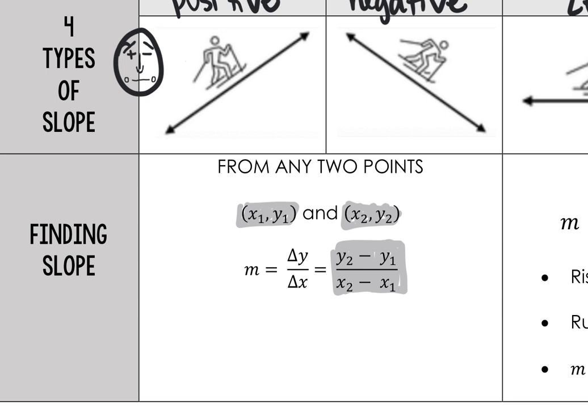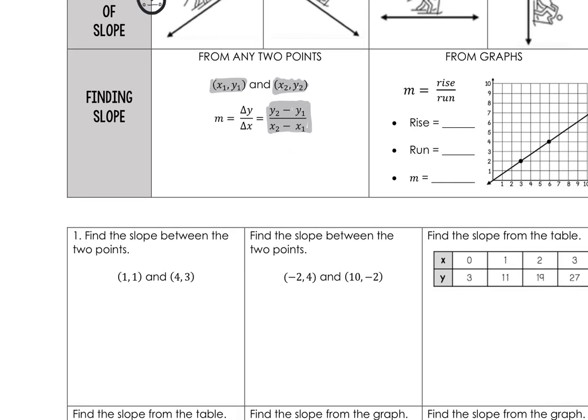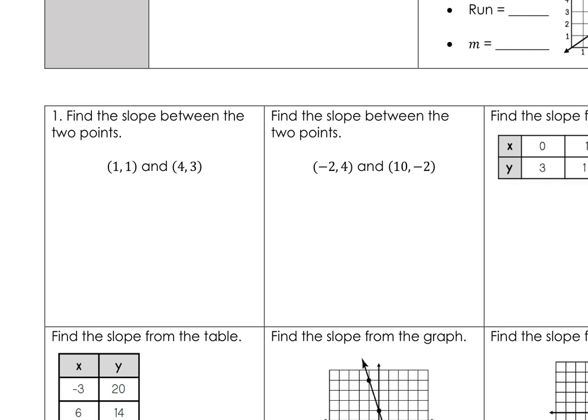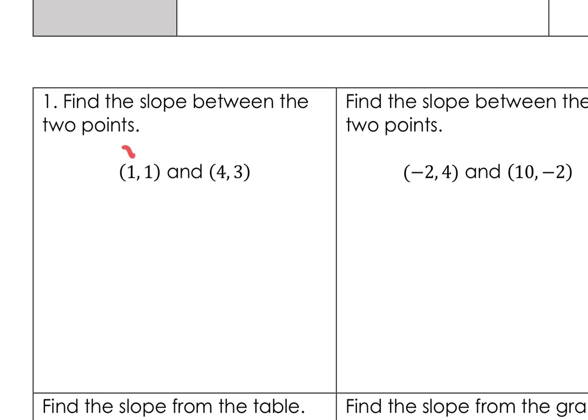Okay, so we're going to jump down into the practice, and we're going to do a couple of problems where they've given us 2 points, and we're going to practice using this formula. So number 1, we've got our 2 points, (1, 1) and (4, 3). So again, remember, coordinate points are always x comma y.